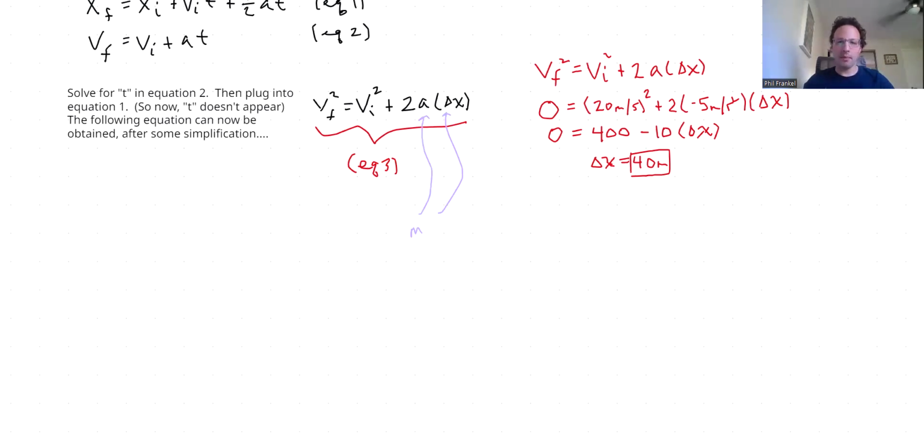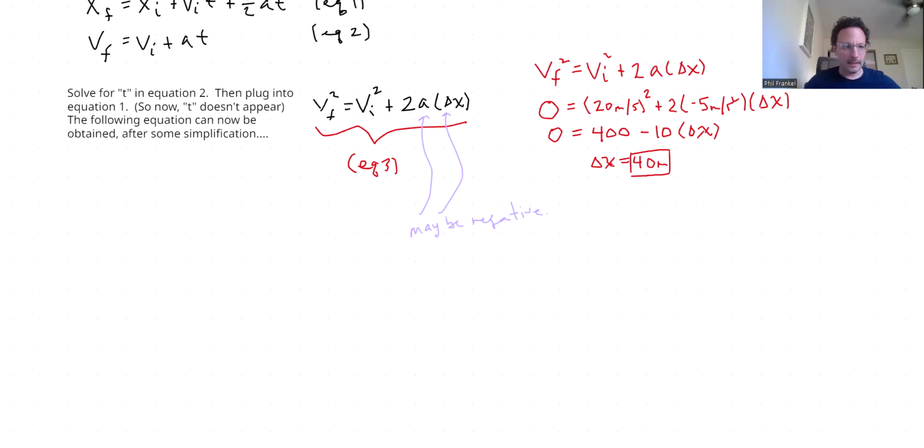So the acceleration might be negative depending on how you set up your axes and the direction in which the object's acceleration physically points, and also the displacement might be negative, again, depending on how you set up your axes. So I'll give you an example here of where this might be important.